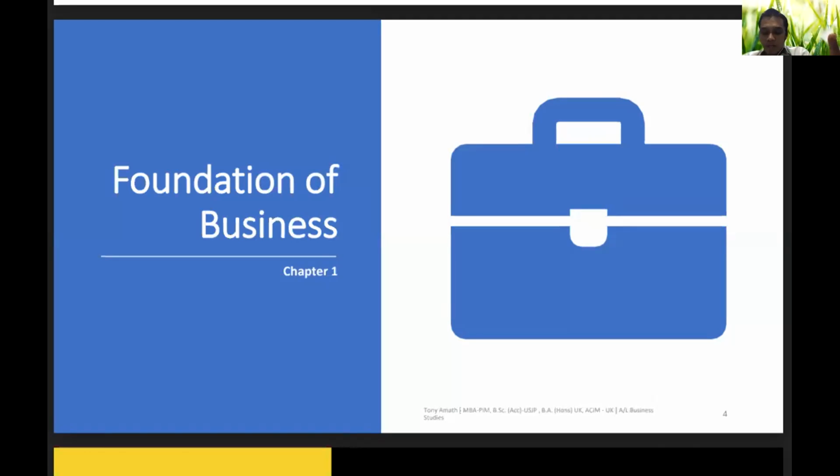As an example, you may be aspiring to be a manager in future, or you may be aspiring to lead an organization, or you want to be an accountant, a professional, or an economist, or a banker, or you may even want to be an entrepreneur. So what is meant by entrepreneur? Or do you want to be just a businessman? Then what is the difference between an entrepreneur and a businessman?